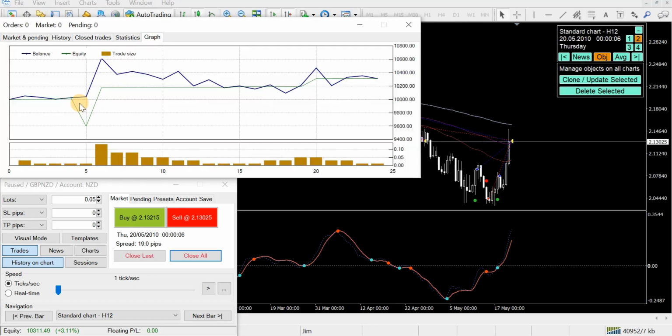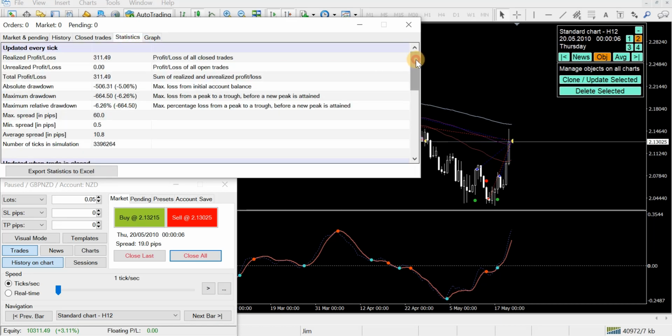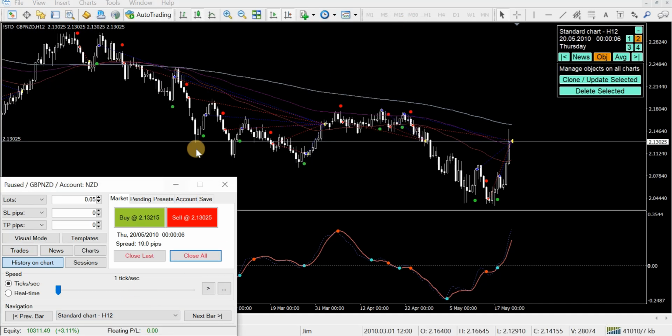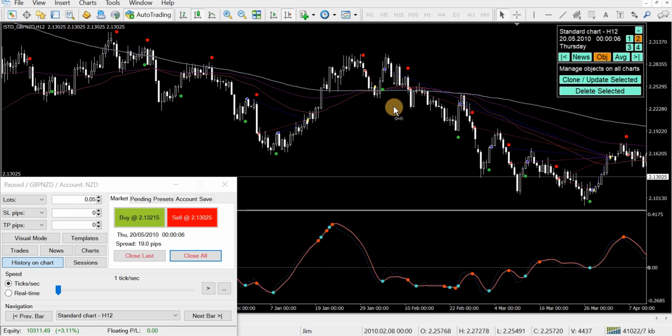So if you have a look at my graph, not spectacular, but I didn't pay any attention to what trades I took. Stats, you can have a look at the maximum drawdown was 6.26. Well, we make 311 profit based on a 10,000 account just on that short time. That's the 12-hour charts. You can have a look at my trades here.